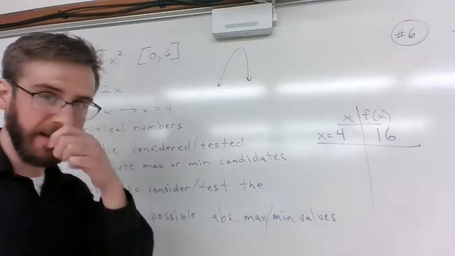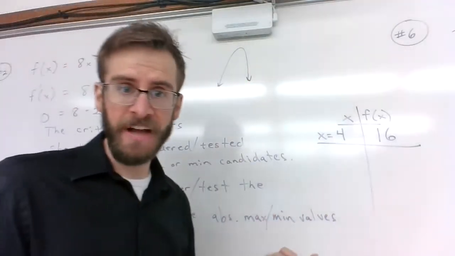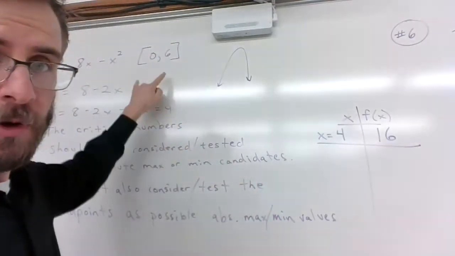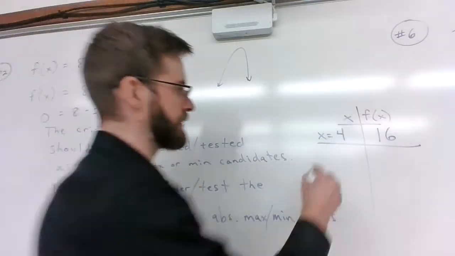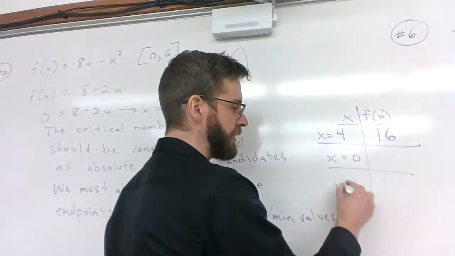Because as you can see here, clearly one of the endpoints is going to be the minimum value. It's otherwise impossible to determine that. So what are the two endpoints? x equals 0 and x equals 6. So we're going to consider x equals 0 and consider x equals 6.